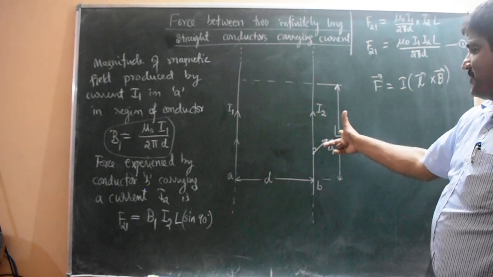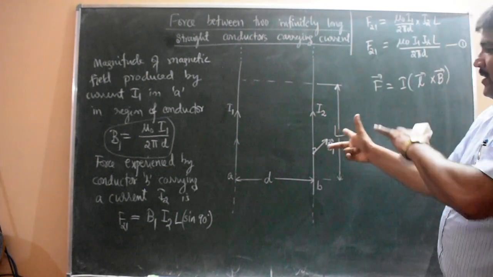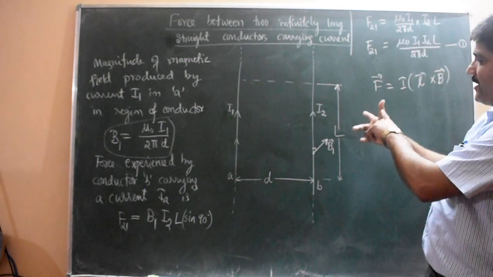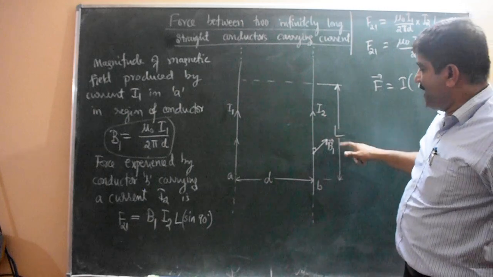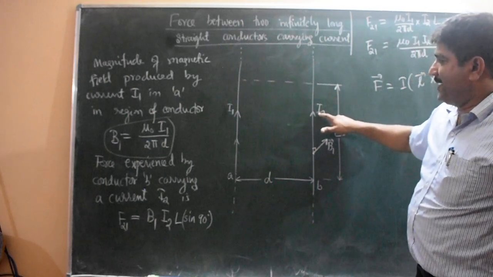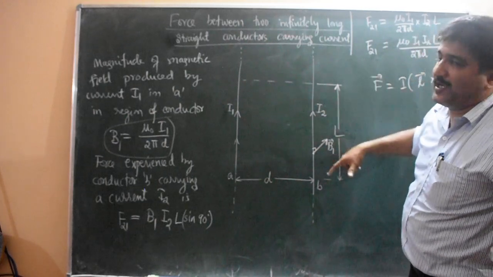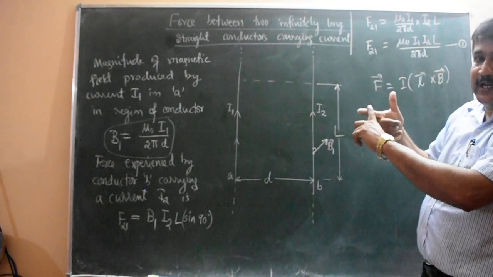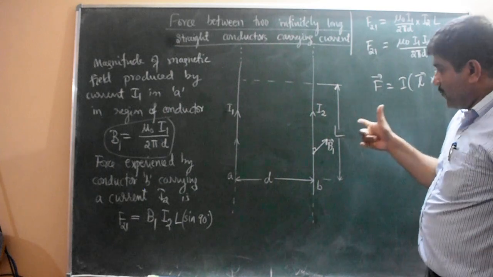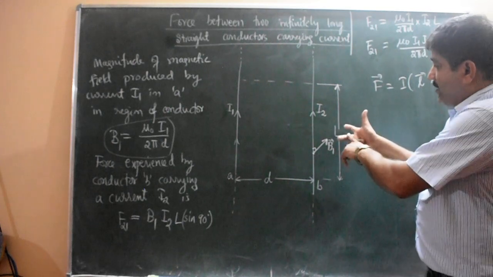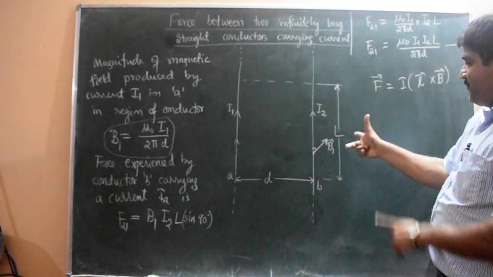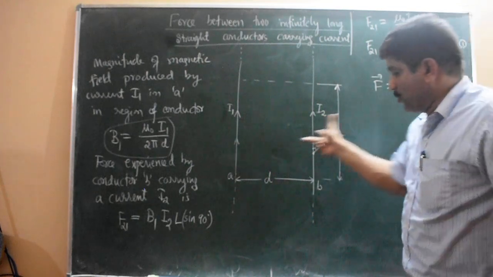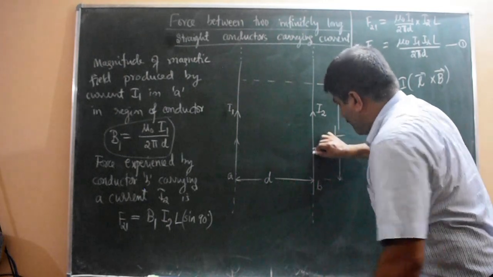So apply the right hand rule: the thumb represents the L vector, upward, the current direction. Then the forefinger represents the magnetic field, which is into the page. Then the cross product L cross B is the middle finger, towards the left side. That means the force is this way.